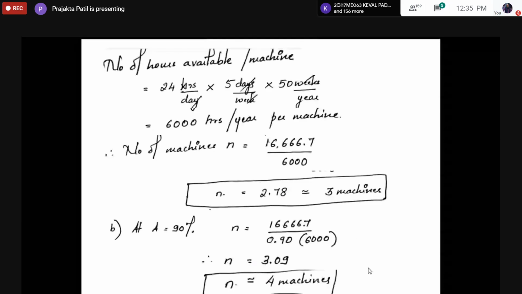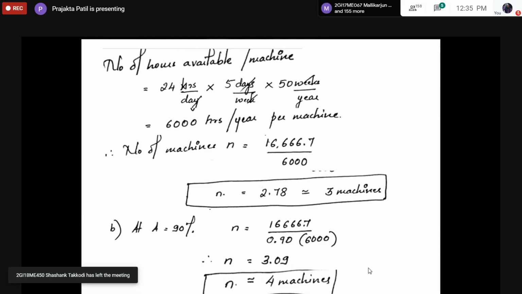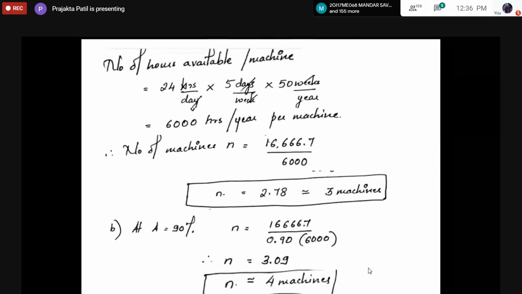So I have taken it as 4 machines, because it's the number of machines that is required. It's better we round it up, and because availability is reducing, it is but obvious that the number of machines will be more. Therefore, I have taken it as 4 machines. Okay, ma'am.